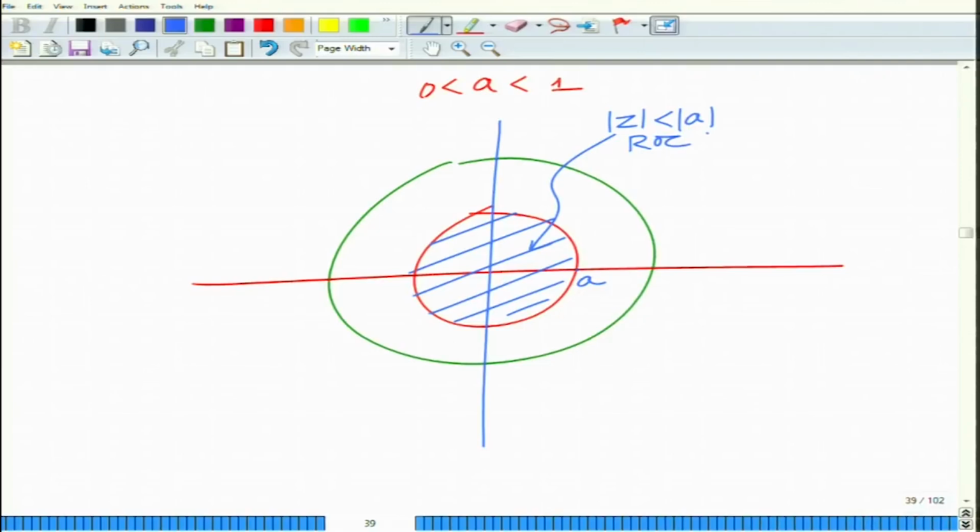The region lying inside the interior of the circle, magnitude of z equal to magnitude of a, this is the interior of the circle. This is the unit circle, and this is of course the z plane.